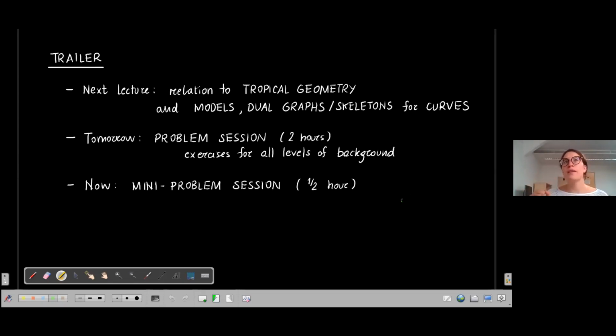You replace the semi-norm on the ring A with a norm on the residue field at your point. The advantage of this definition is that it immediately works for all algebraic varieties. You don't have to pass through affine varieties and then do a gluing process. If you're interested in this definition, it is stated in the problem session, so you will see the details there.